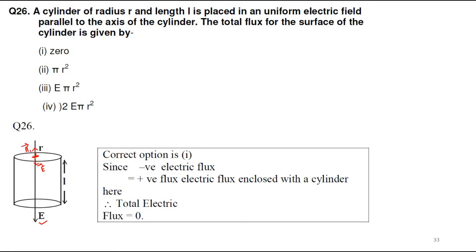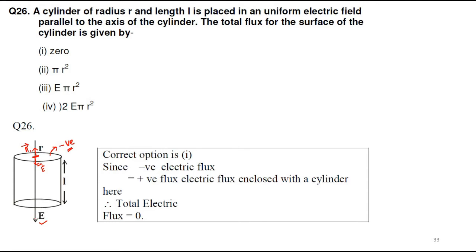These two, E and vector A1, are opposite. Therefore the flux is E A1 cos theta, with theta 180. Cos 180 is minus 1, so the flux is negative for this surface.